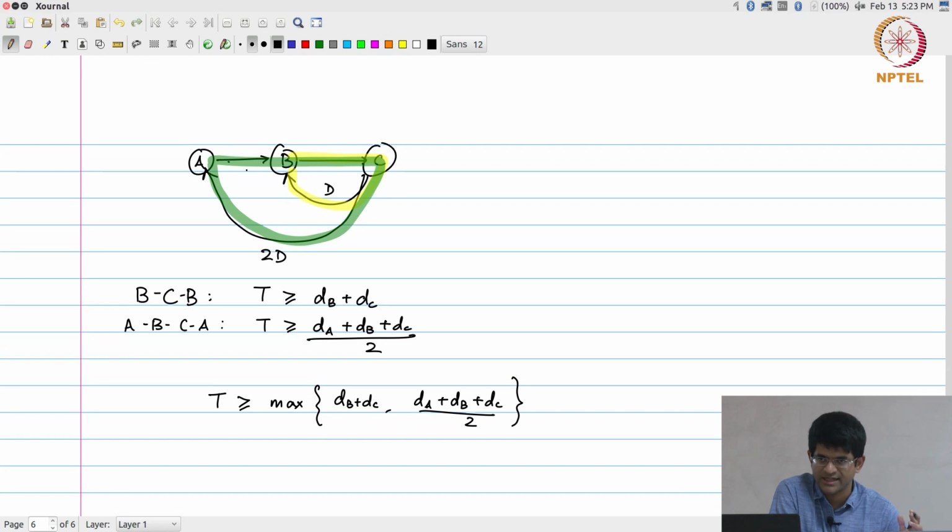But that does not help you in general if you want an algorithm to compute the iteration period bound. As an alternative, so in other words, if I want to compute the iteration period bound, this is one way of doing it: basically enumerate all the cycles and find out the max among all of the cycles.